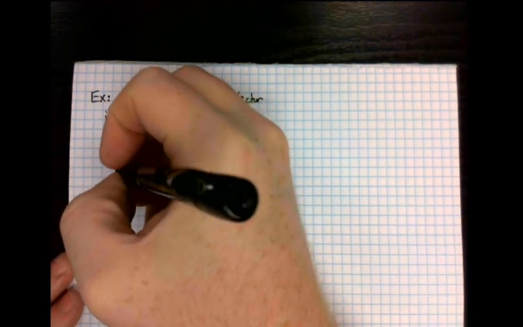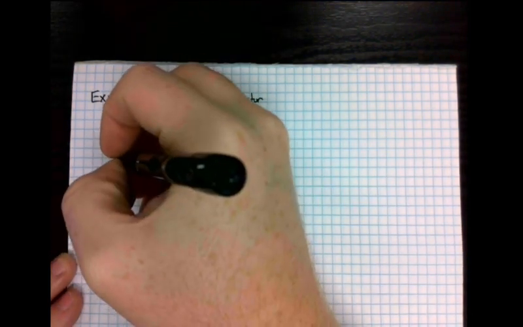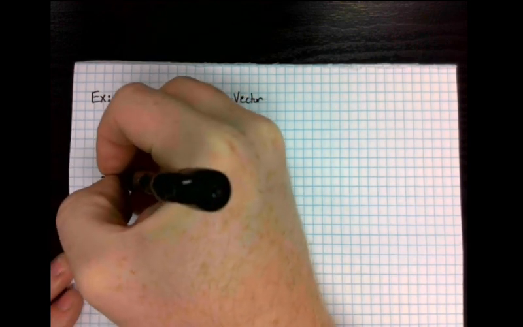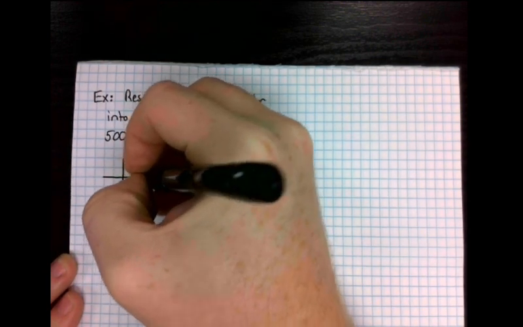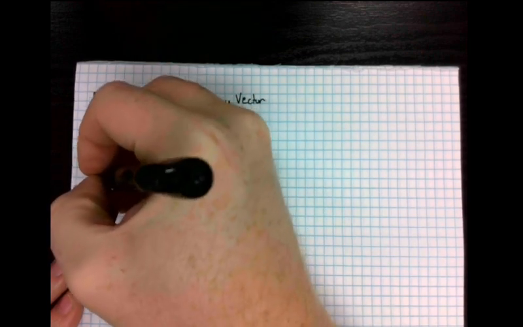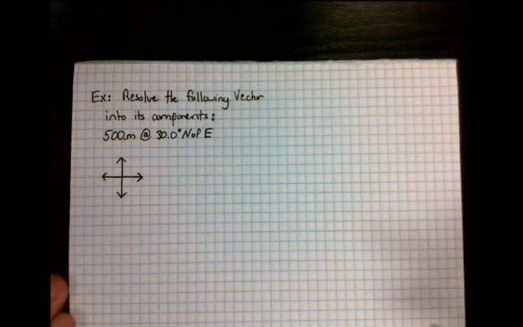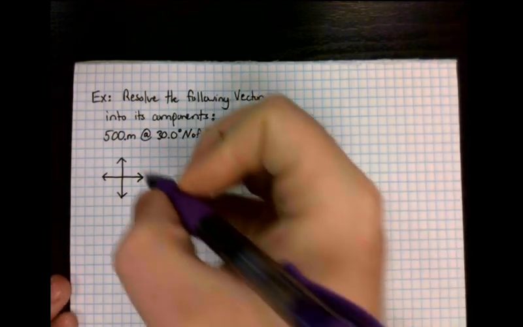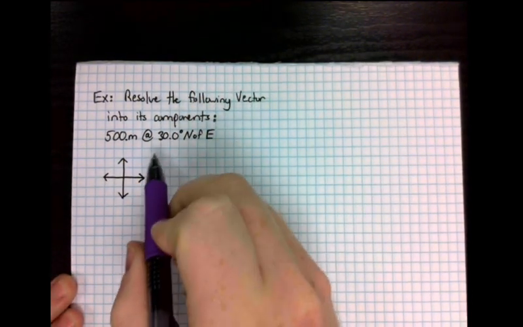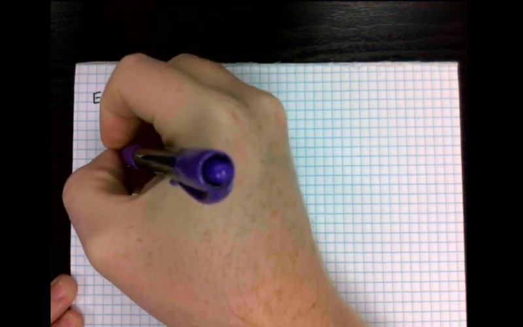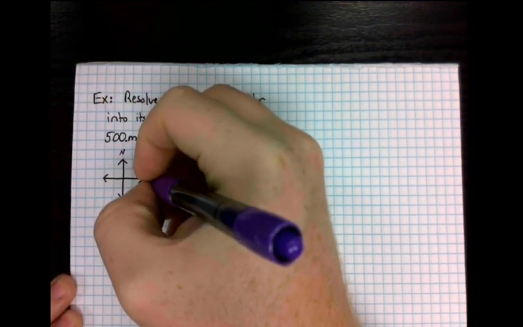So first, let's go ahead and draw our picture, because we always want to draw our picture. I'm going to do just a really simple, straightforward, very small coordinate plane. And then we'll use purple, and it says it's 500 meters at 30 degrees north, so north is this direction up here, so it's north of east.